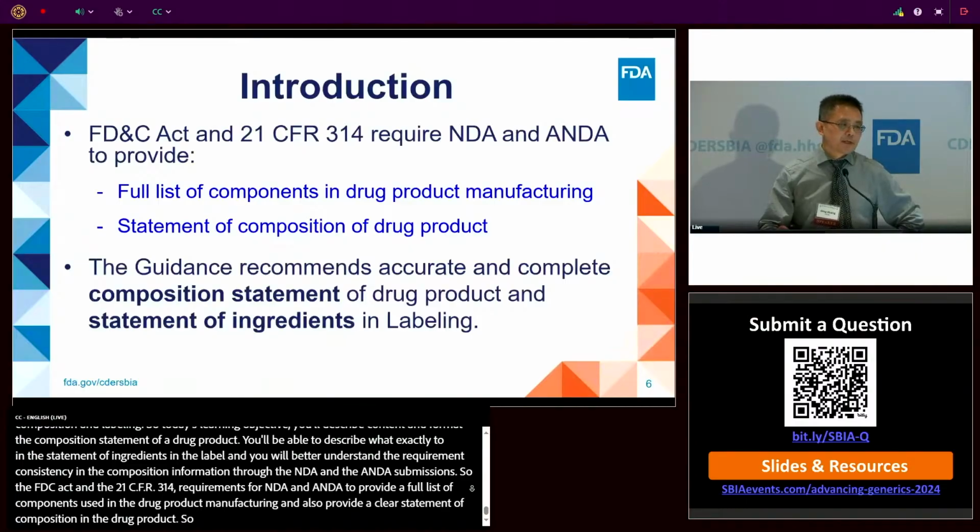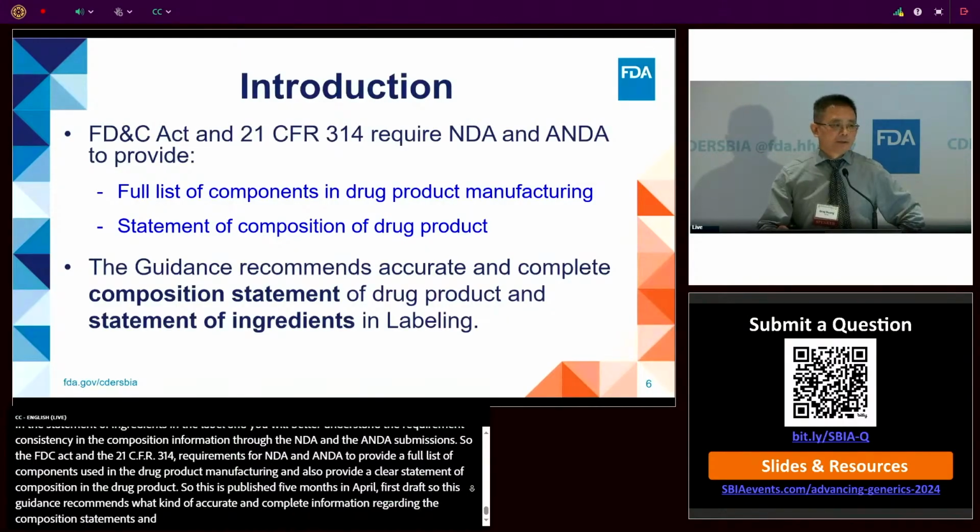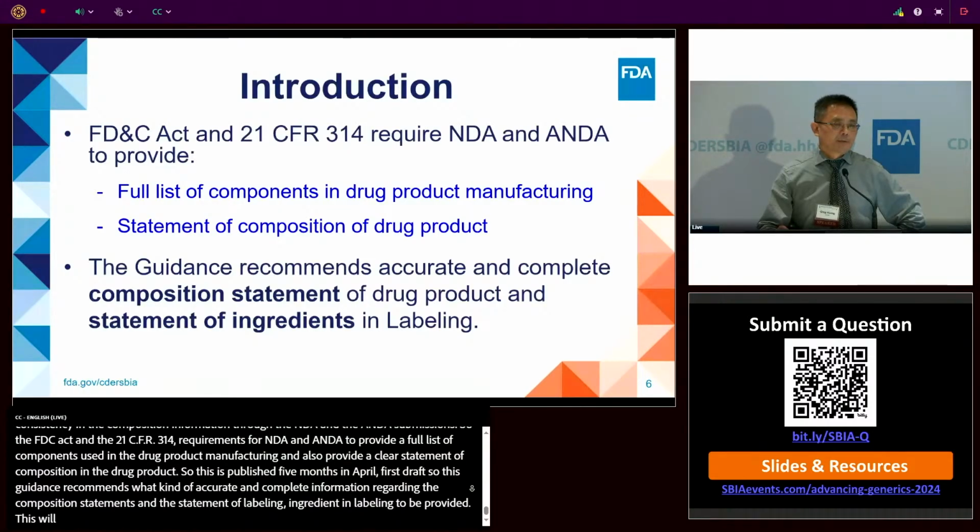So this guidance recommends what kind of accurate and complete information regarding the composition statement and the statement of ingredients in labeling should be provided. This will ensure that FDA approved labeling and composition contain adequate qualitative and quantitative information.